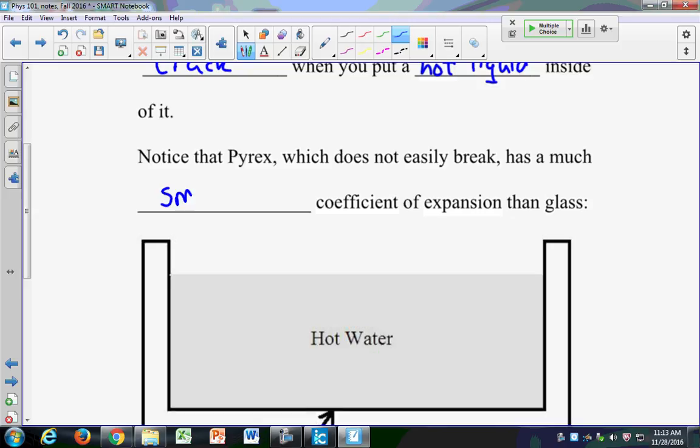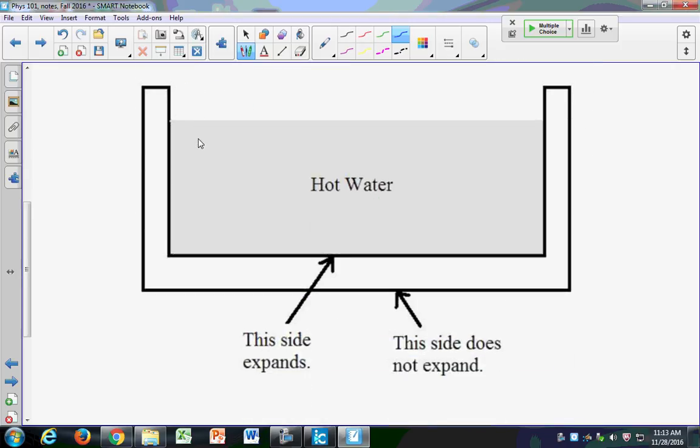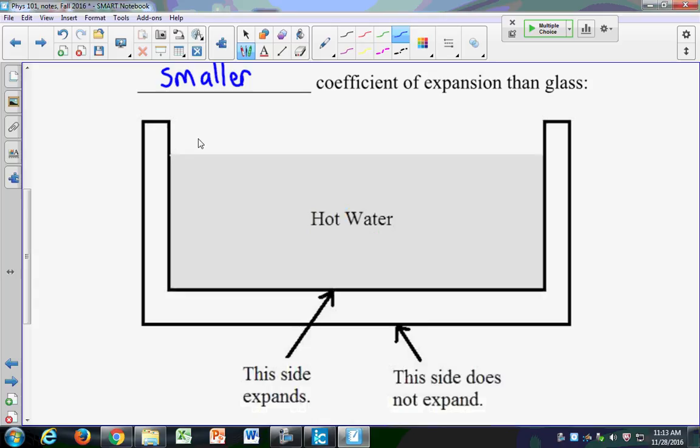When you put in hot water or hot tea, it doesn't expand as much. But with glass, one side expands and the other side doesn't yet. When this side expands before that side, that's what causes it to crack when you put the hot liquid into it.